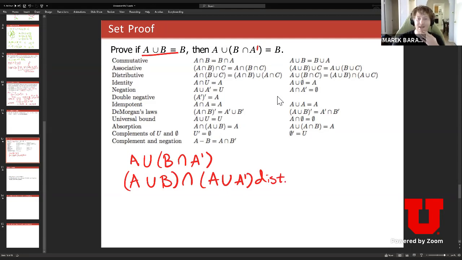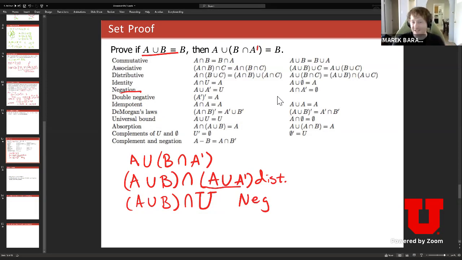Distributive, and then what do we do next? Negation. So we could do the negation rule. So we get A union B intersect the universal set, and this is by the negation rule. So everything is either in A or not in A. That's one way to remember this.